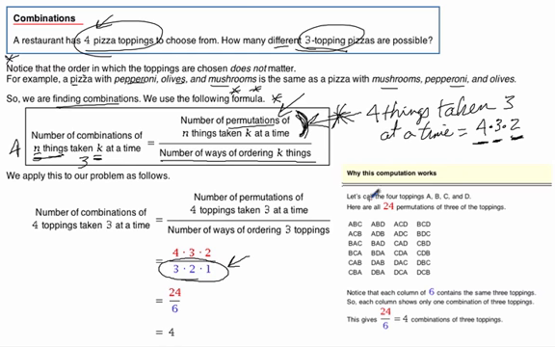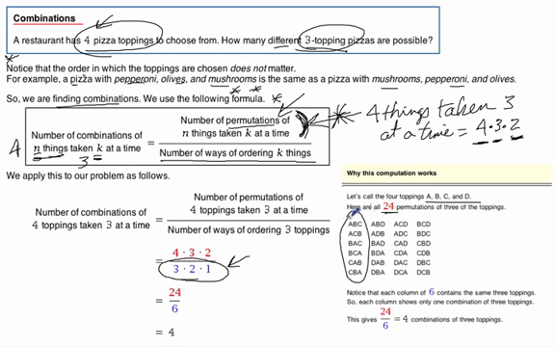So in this case, why this works, this 3 times 2 times 1, is because if we've got 4 toppings and we're choosing 3 at a time, then you can see that these are all 24 different combinations of those 3 toppings. And notice that each column has all 3 of the same toppings.